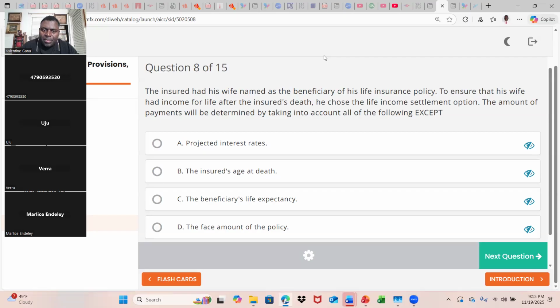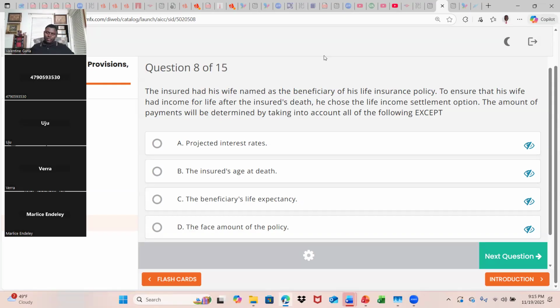I don't know that one. The insured has his wife named as the beneficiary of his life insurance policy. To ensure that his wife had income for life after the insured's death, he chose the life income settlement option.